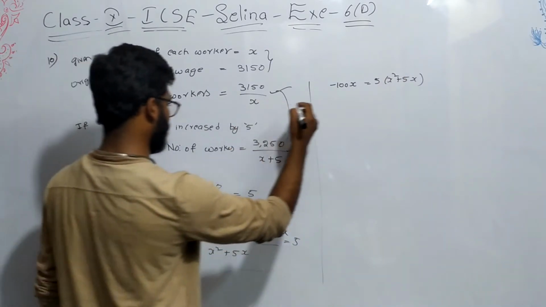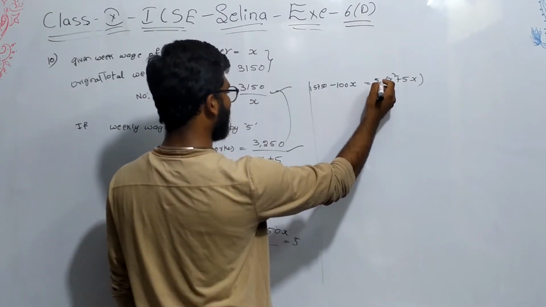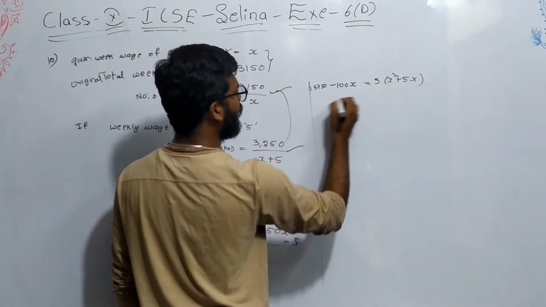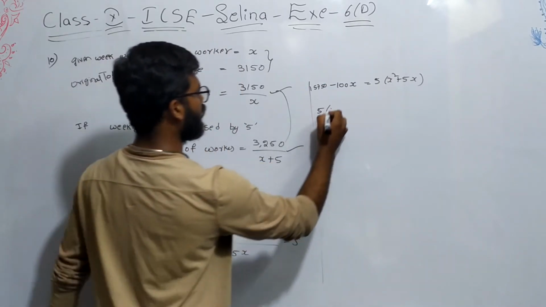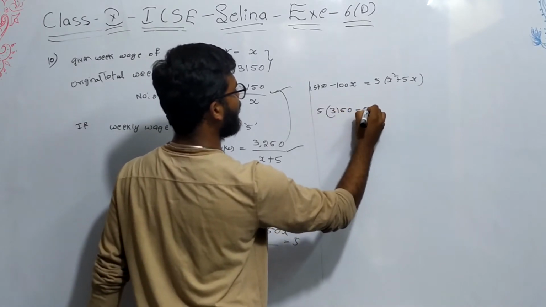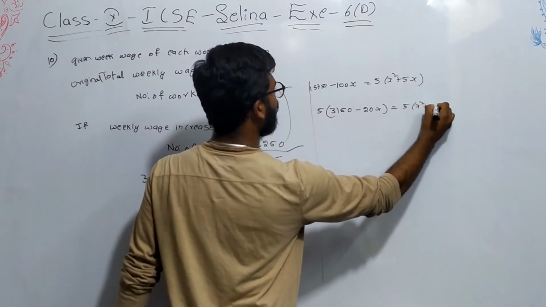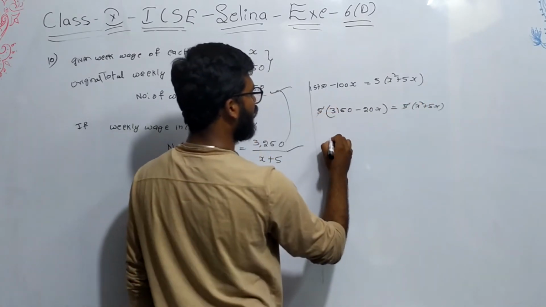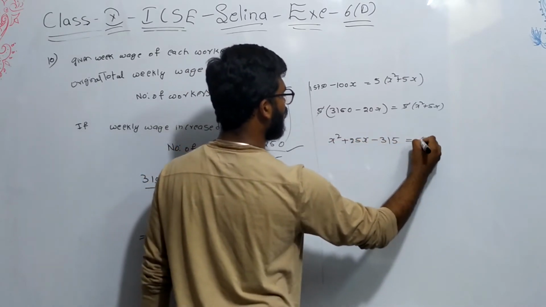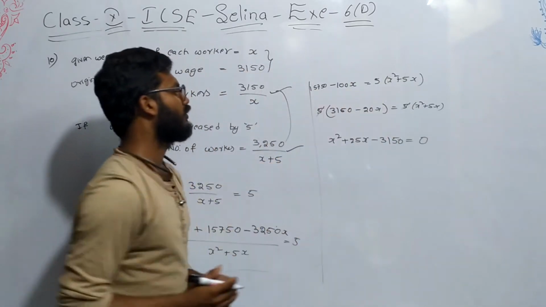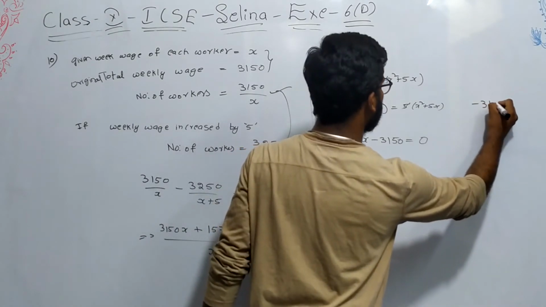Next, if we take 5 common, we get 3150 minus 20x is equal to x square plus 5x. So these cancel, and x square plus 25x minus 3150 is equal to 0.